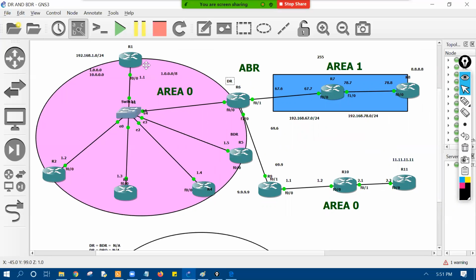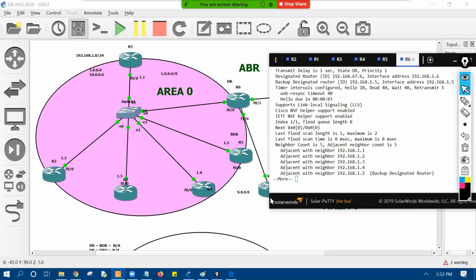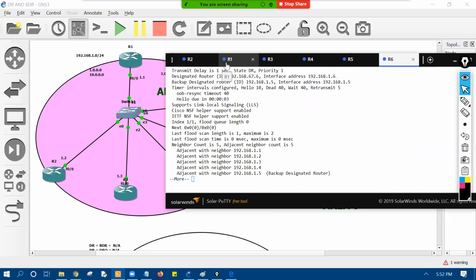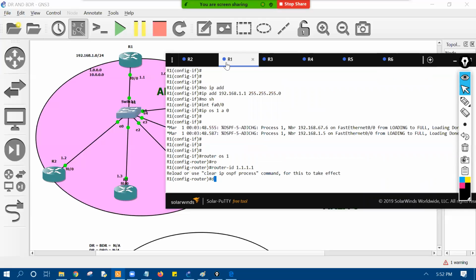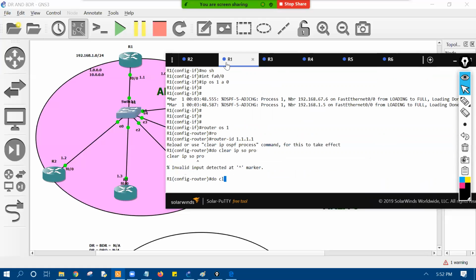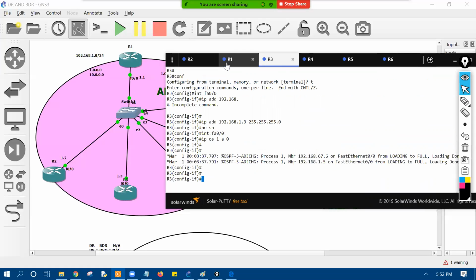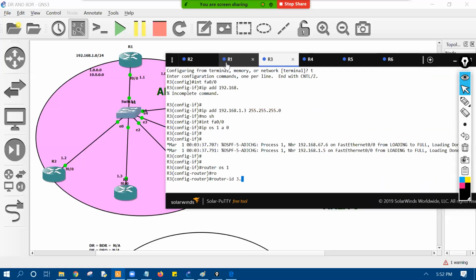So as I told you, one router is going to generate its own router list, right? Okay, let me do one thing. Otherwise you will get confused. Router ID 101. Let me make it easier. Otherwise you will get confused.